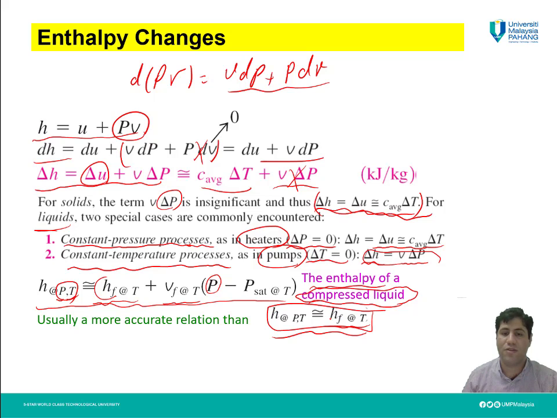Then you can find this HF for water at that temperature. However, because we ignored this part of the equation, usually we have some error in finding enthalpy by this equation. We will see in an example how we can use these two equations to find enthalpy for a compressed liquid.